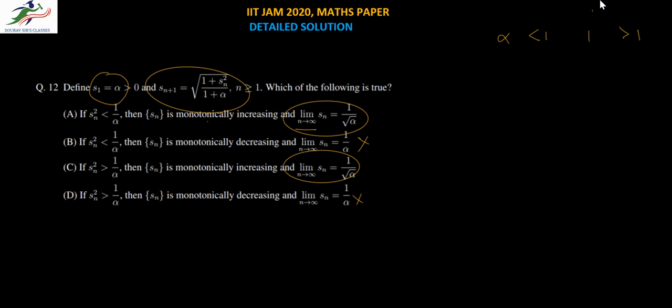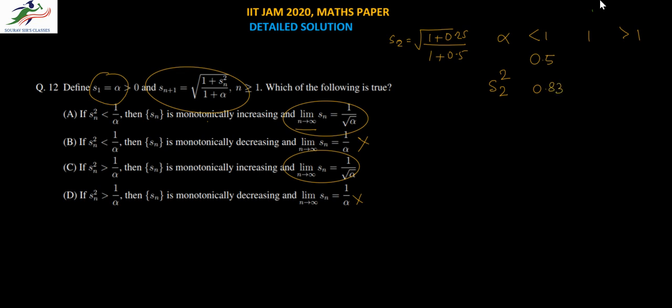Now, when alpha is less than 1, for example, when alpha is 0.5, S2 would be root over of (1 plus alpha square, or S1 square, which is 0.25) by (1 plus 0.5), and this would be approximately root over of 0.83, or we can write S2 square itself, which would be 0.83.